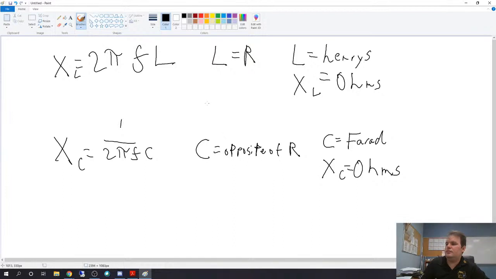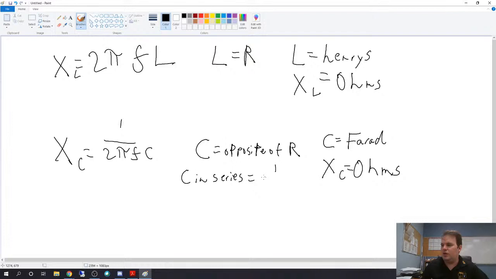And L and R are the same in series and parallel. C is the opposite of R. So capacitors in series are reciprocal method.